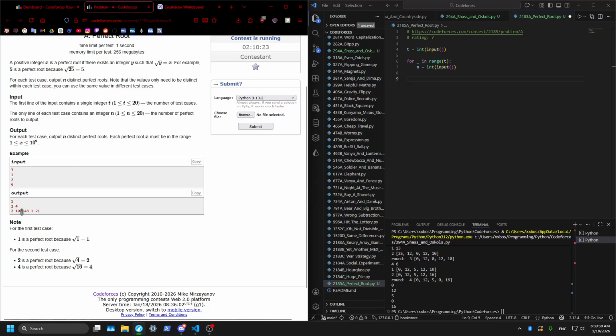Why did it jump to, okay, 2, 4? 5 is a perfect root because of this. So isn't every natural number a perfect root?